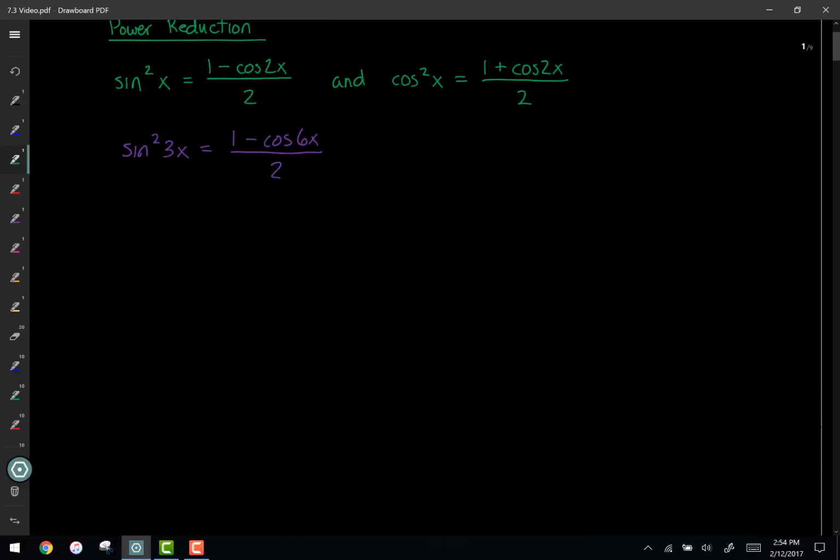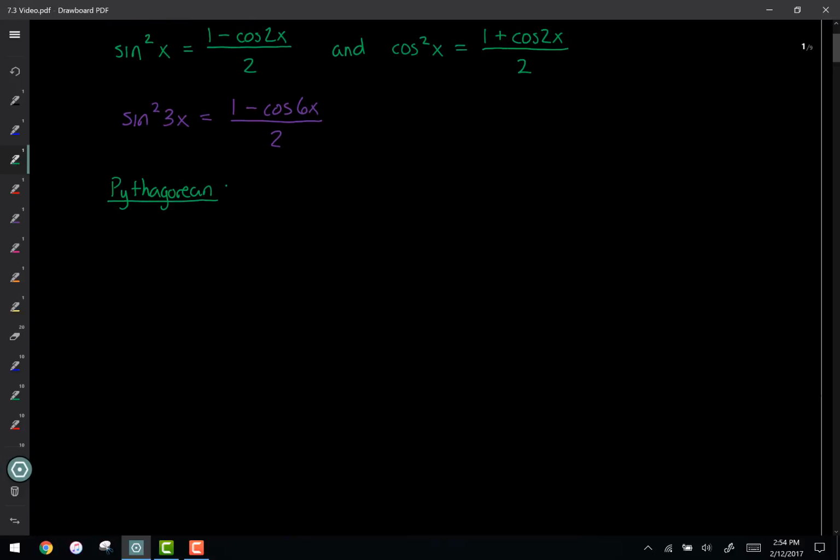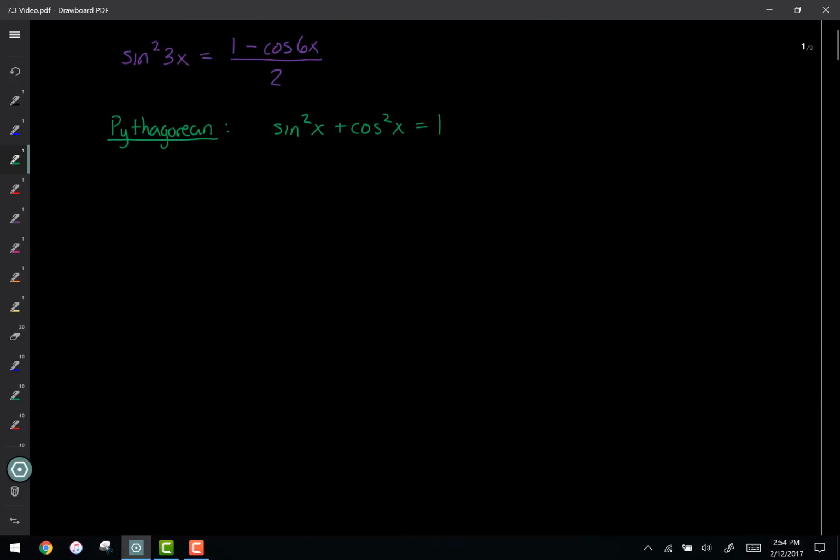And then, of course, the Pythagorean identities. Now, the main one, the one that most people can remember, is sine squared x plus cosine squared x equals 1. And then there's two others, one of which we're not really going to use because we're not going to deal with integrals of cosecant and cotangent for the most part, but we'll just go through it. If I take this Pythagorean identity and divide everything by cosine squared, what am I going to get?